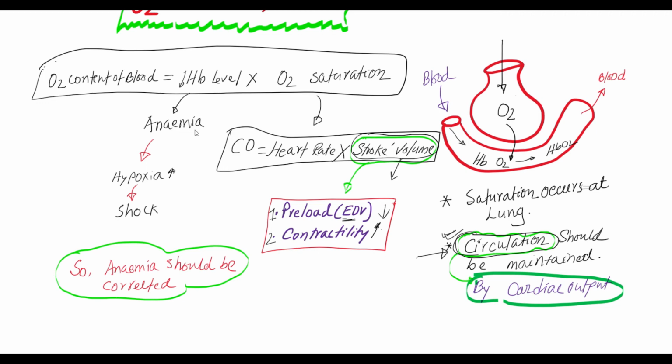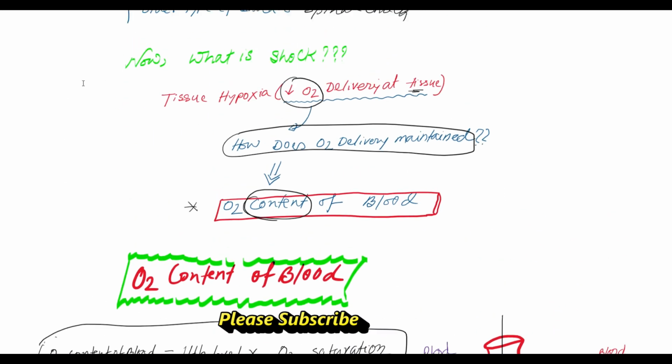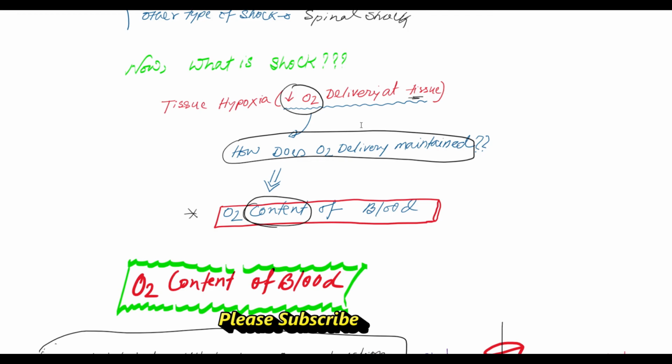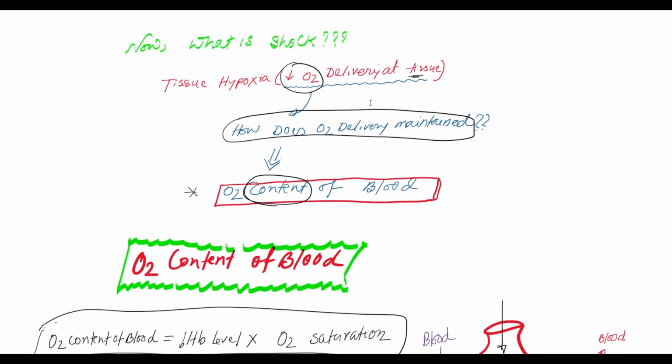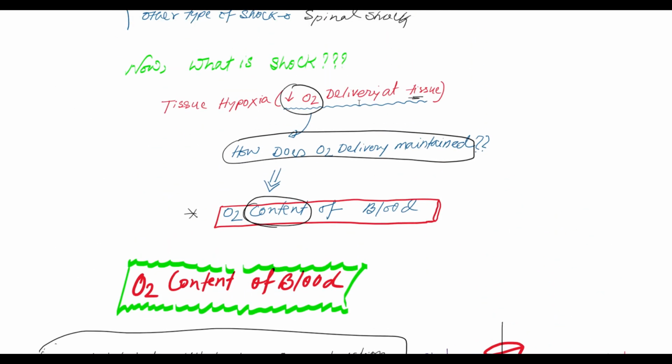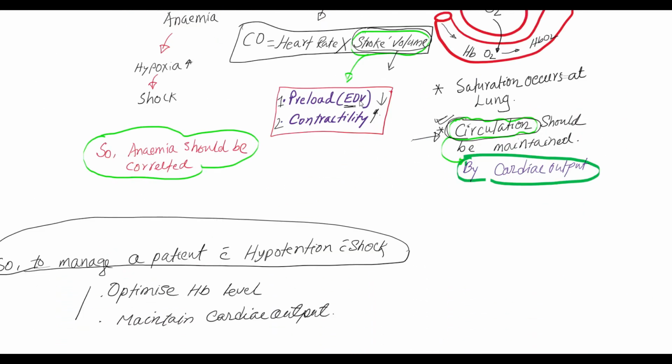And if oxygen saturation is maintained, the oxygen content of the blood will be maintained. And if oxygen content of the blood is maintained, then oxygen delivery to the tissue will be maintained. So if all these parameters go down, then oxygen delivery to the tissue will go down, so the patient will develop tissue hypoxia.